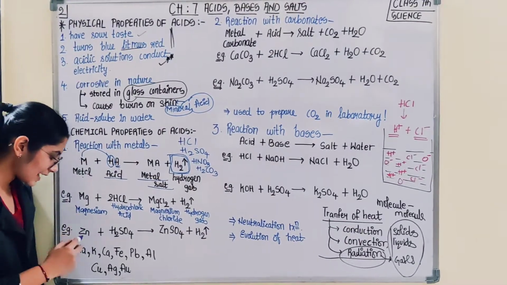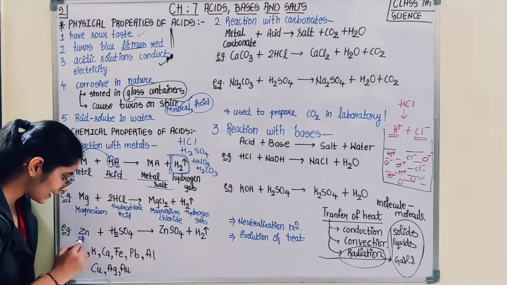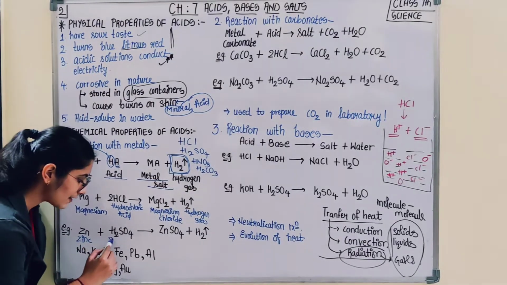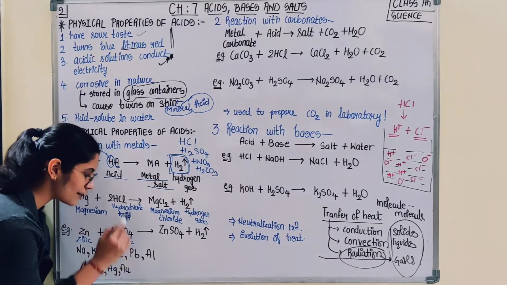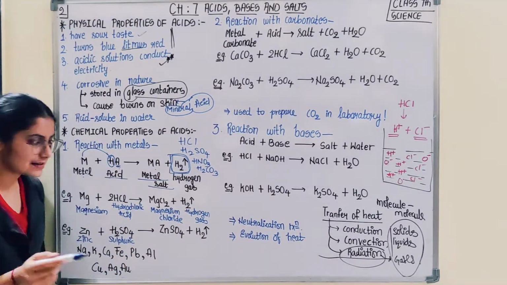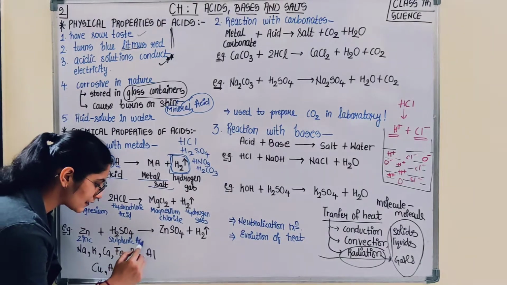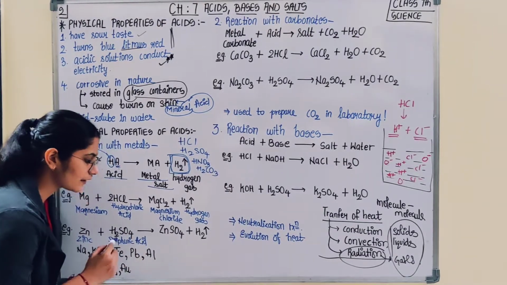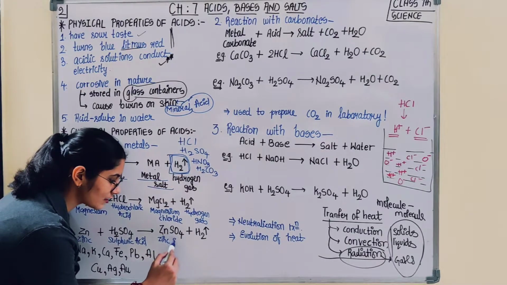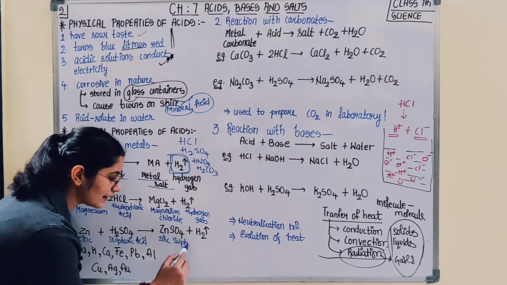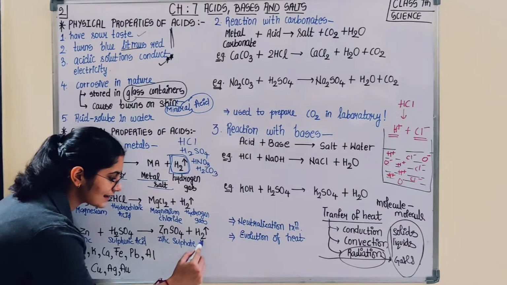Okay. The next example is when metal zinc reacts with sulfuric acid. It doesn't mean that if I say acid it has to be hydrochloric acid always. There might be sulfuric acid. So when zinc reacts with sulfuric acid, it forms zinc sulfate, ZnSO4, and along with it hydrogen gas is evolved.